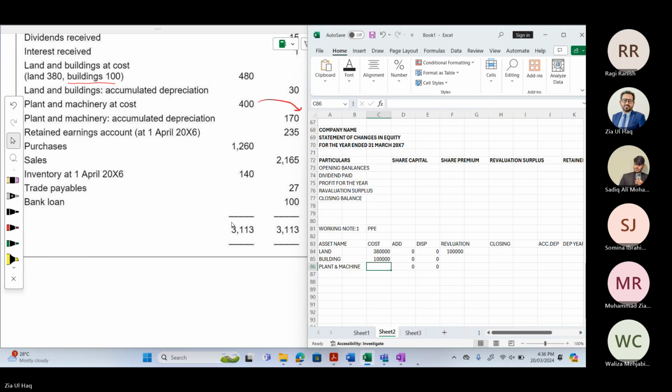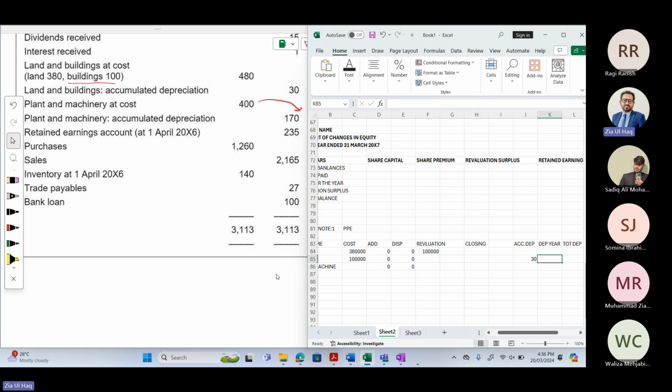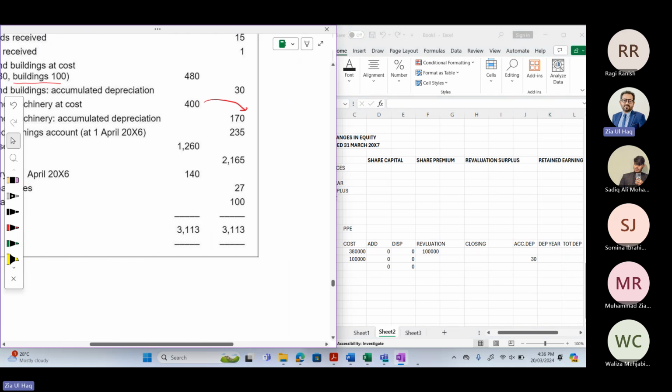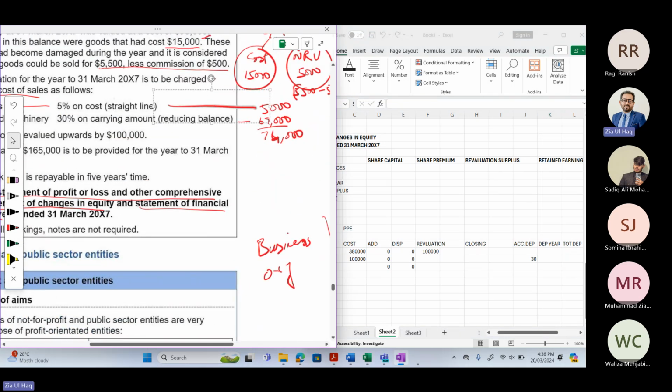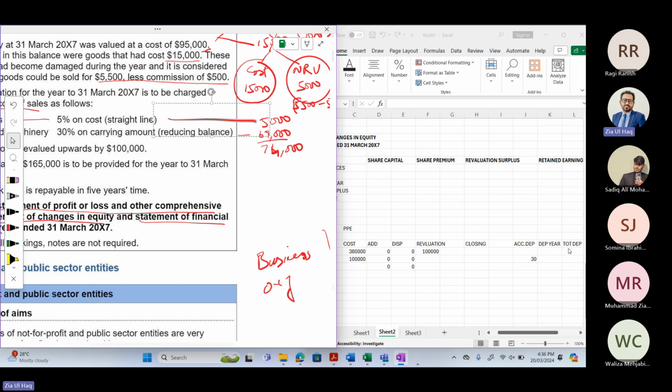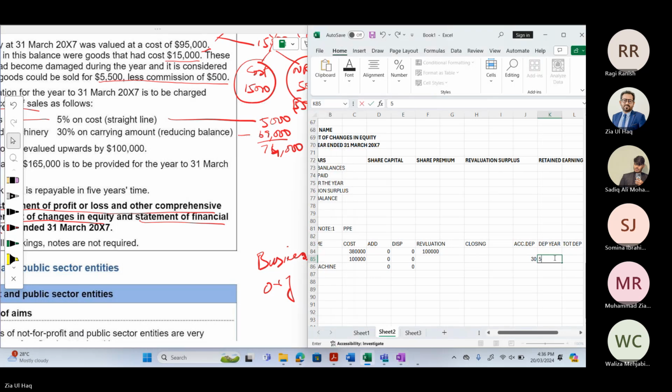Accumulated depreciation for building is 30, given in the question. And what for the current year? For the current year, how much have we calculated? 5,000. This is not 30, this is 30,000.